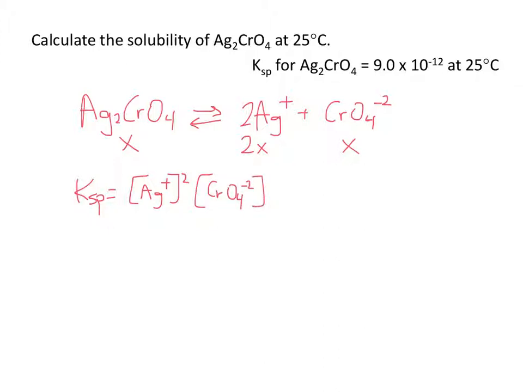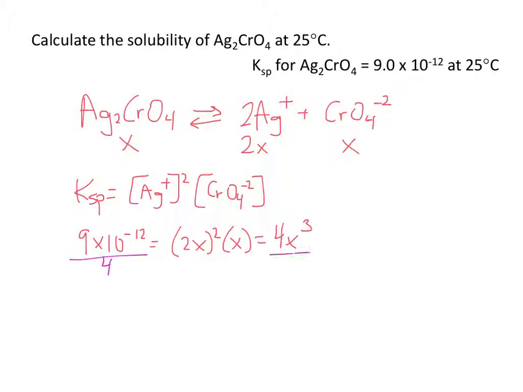I can plug in my KSP. 9 times 10 to the negative 12 is equal to 2x squared times x. 2x quantity squared is the same thing as 4x squared times x, which is 4x cubed.